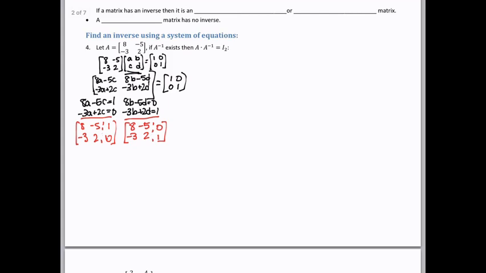So something kind of nice about matrices, if this is true, we can make what we call a doubly augmented matrix. So I'm going to take both of these coefficient matrices and augment them with our identity matrix, or both of these solution sets. So I'm going to write a big matrix down here. I have that 8, -5, -3, 2, and then on the right side, 1, 0, 0, 1.